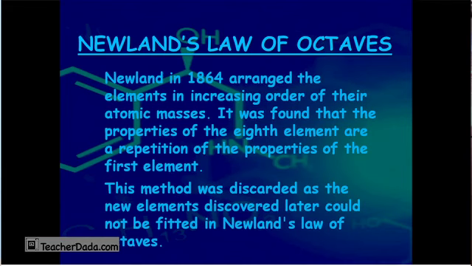Another scientist, Newland, gave Newland's law of octaves in 1864. He arranged the elements in the increasing order of their atomic masses. It was found that the properties of the 8th element are a repetition of the properties of the first element.